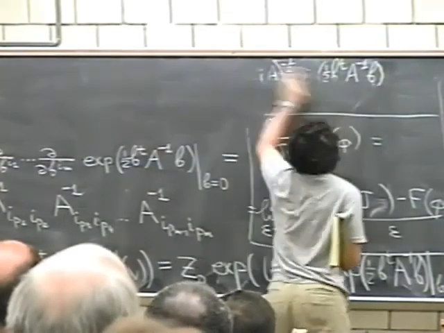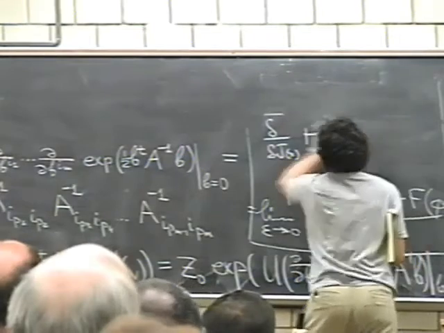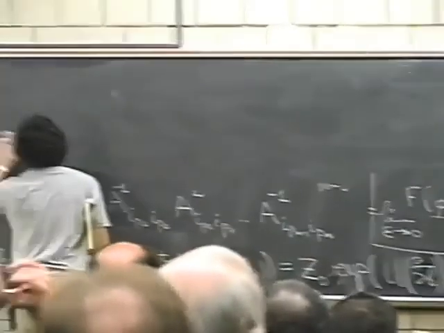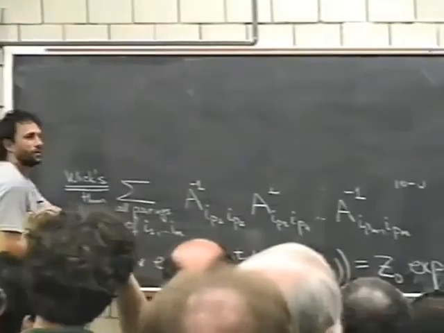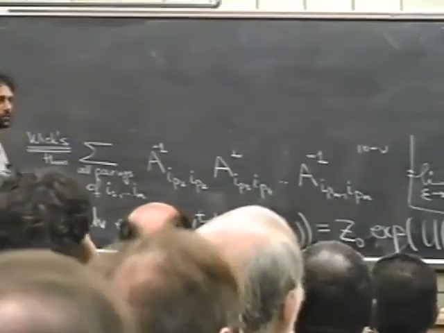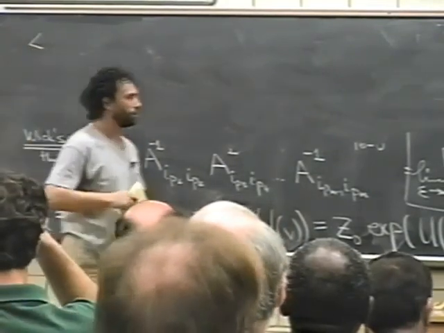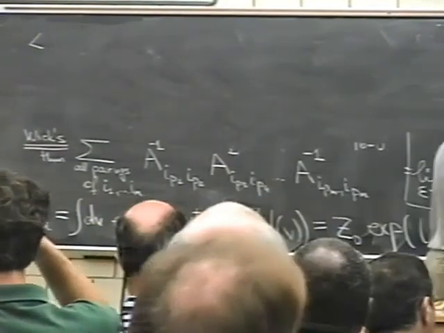So now, let's see what will be the analogs, by the way, of the endpoint functions, and what will be the Feynman rules. First of all, the endpoint functions will now be functions of the coordinates again.